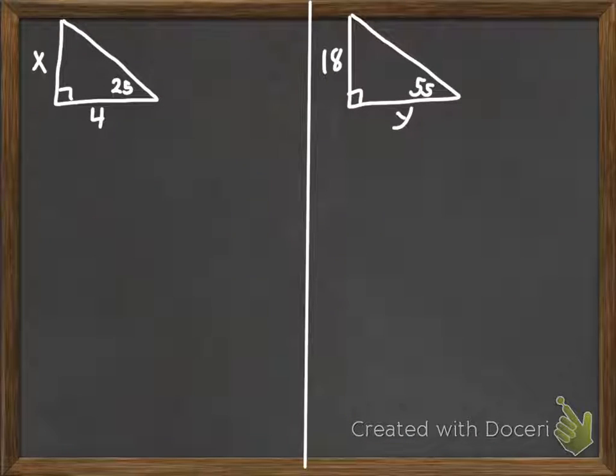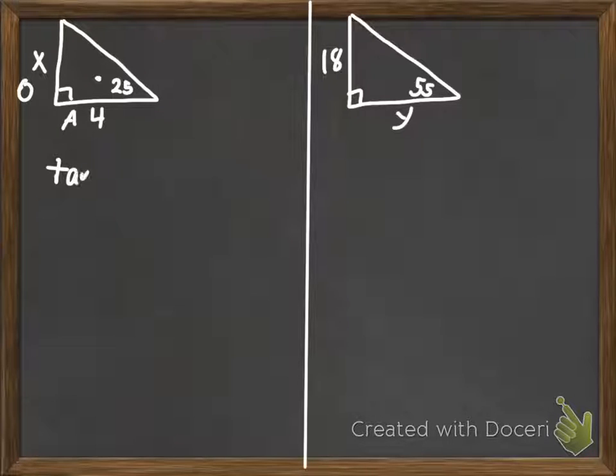Okay, last two examples. So we just did sine and cosine, which leaves us with tangent. So we have a right triangle on the left, and our angle is 25 degrees. X is opposite, 4 is adjacent, opposite and adjacent is tangent.